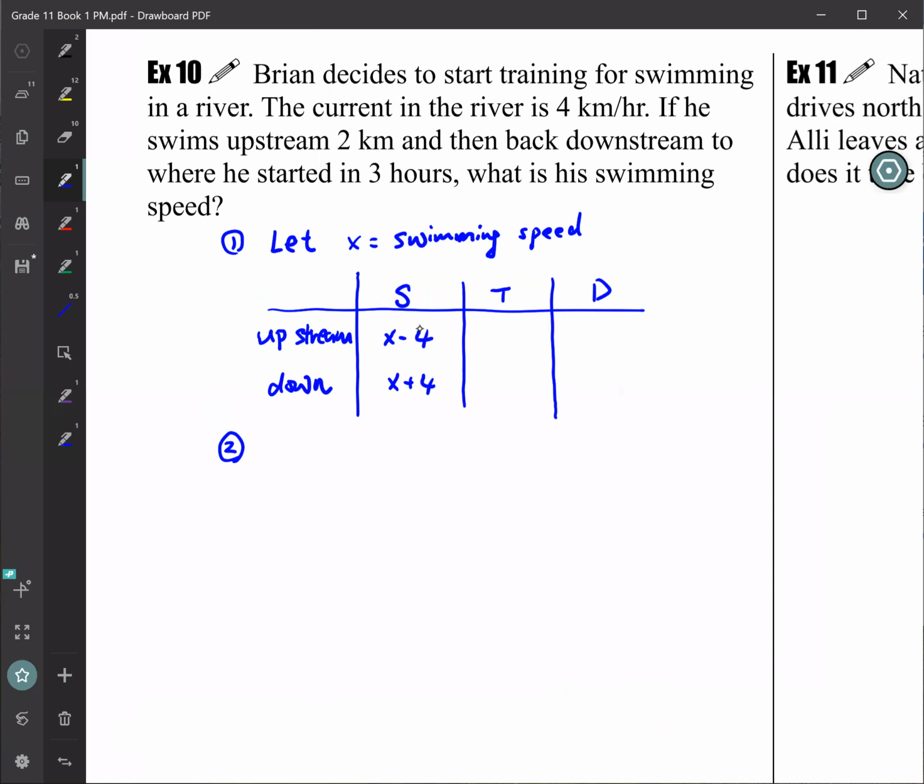I think we have these numbers, right? The 3 hours, the 2 kilometers, the 4 kilometers per hour. Which one can we put?